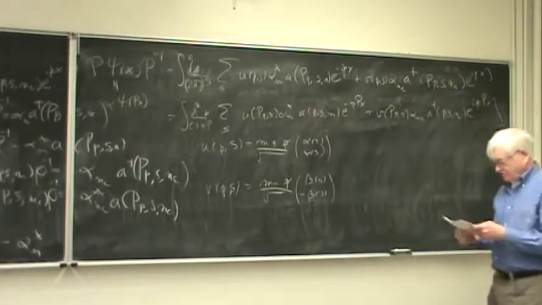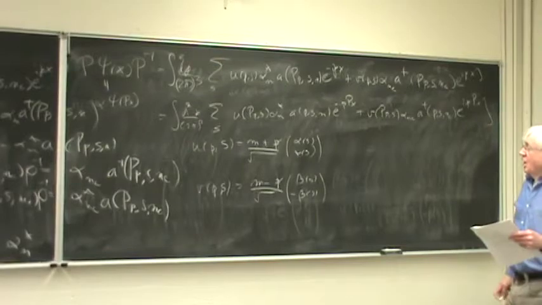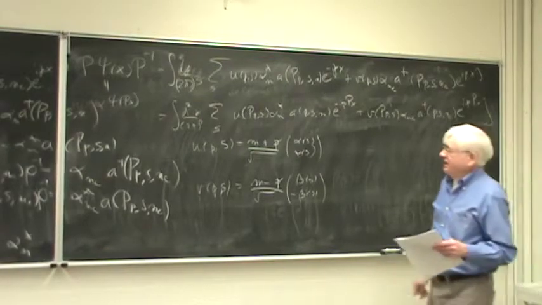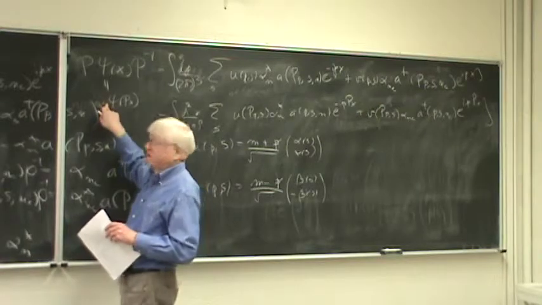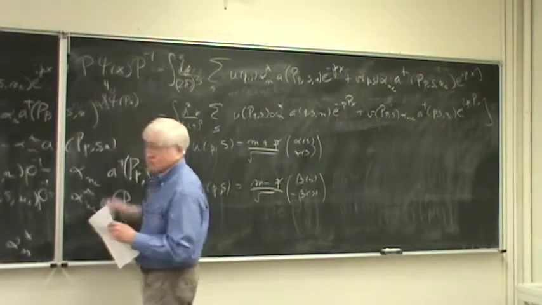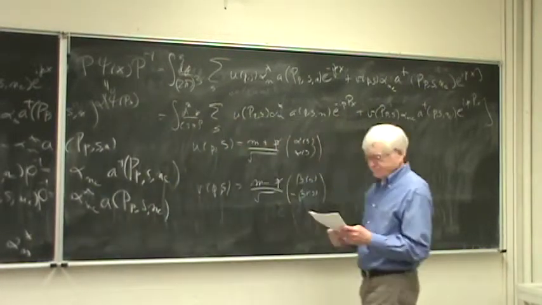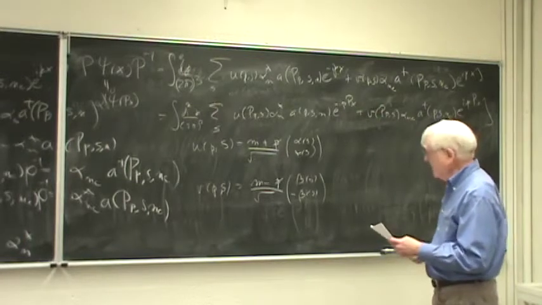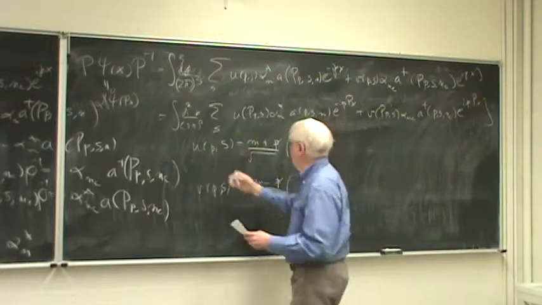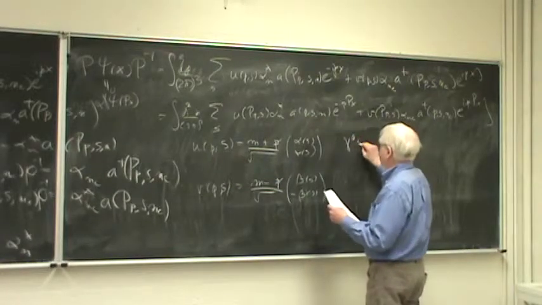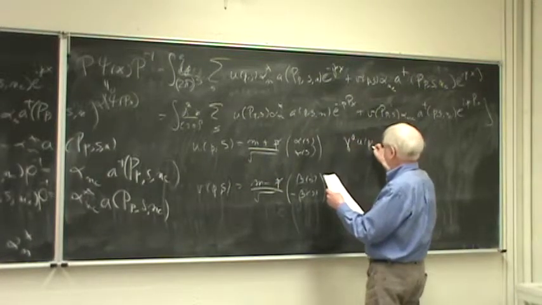All right, now, when I say that, we could have a matrix here, and in fact, we'll want a gamma matrix. It'll be a gamma 0. Okay, well, let's compute gamma 0 on u, gamma 0 u of p and s.